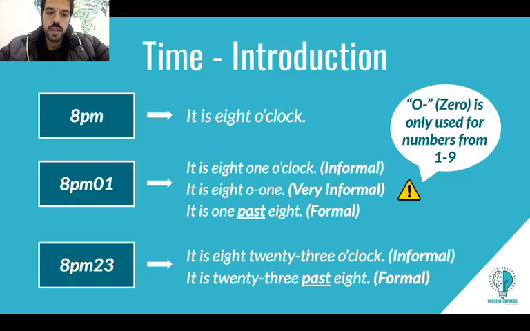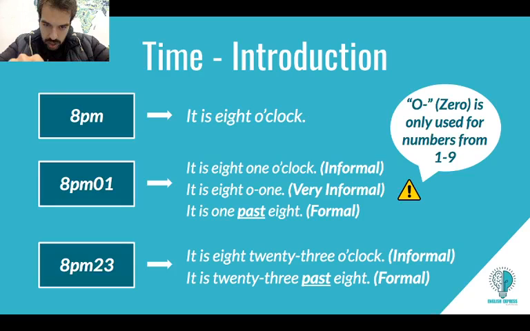You just write the number the way it is. And add o'clock in the end, right? For the formal way, we're going to use it is 23 past 8. So this is the formal way, right? So we're talking about past, right?